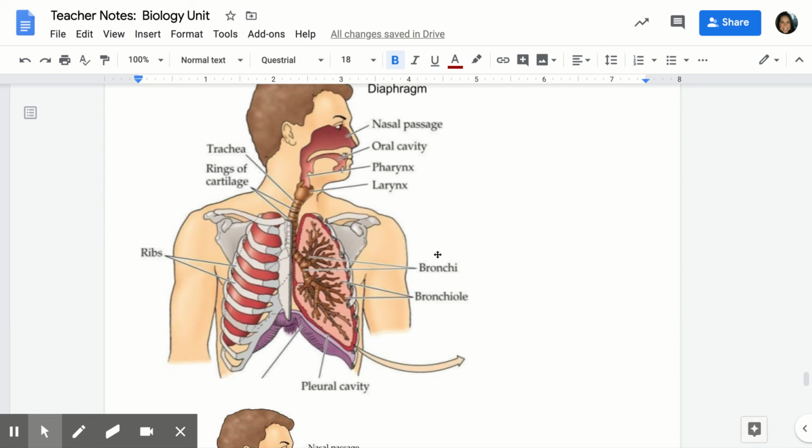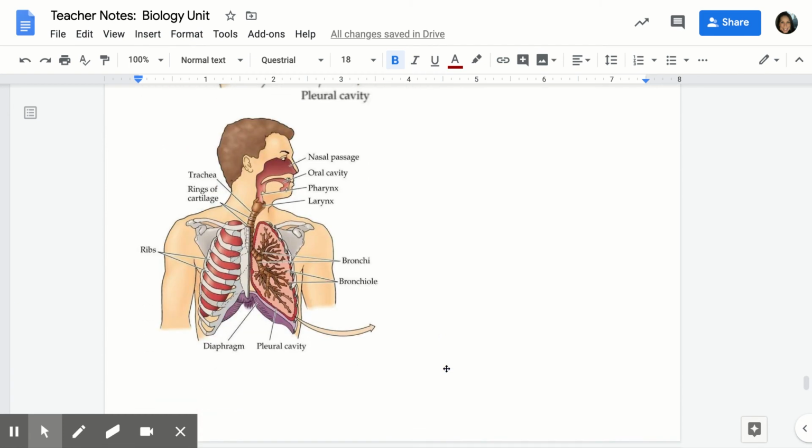And then inside our lungs, we have our bronchi and bronchioles, which is where a lot of the oxygen exchange is going to happen. And our pleural cavity is the cavity in which our lungs sit in. So that's right here. Okay. As we breathe in, our pleural cavity is going to expand, and as we breathe out, the opposite happens.